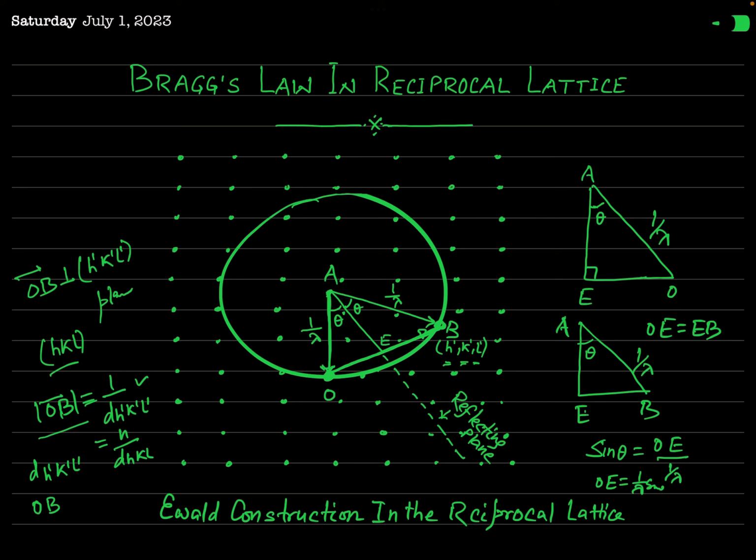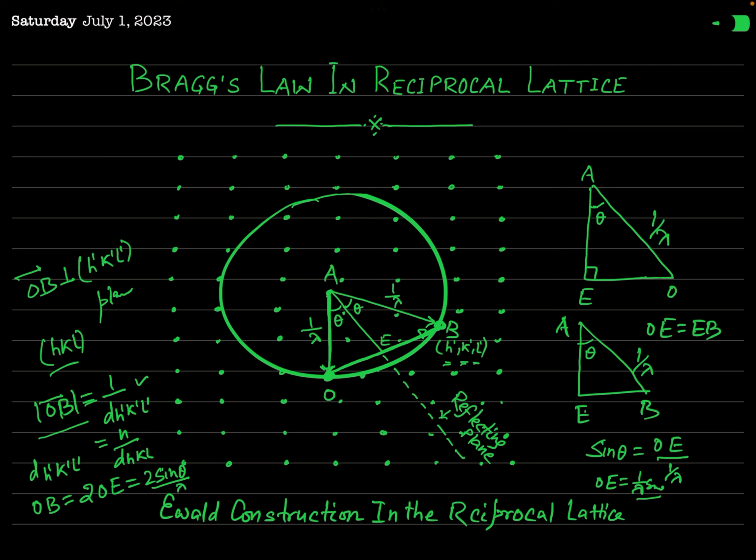OB will be simply equal to twice of OE, and so this will be equal to 2 times sine theta by lambda, so this is 2 sine theta divided by lambda.